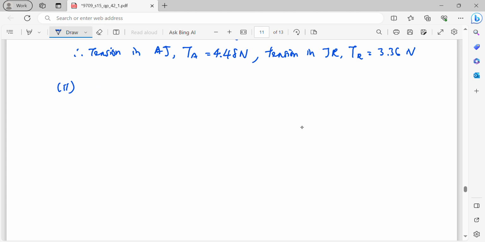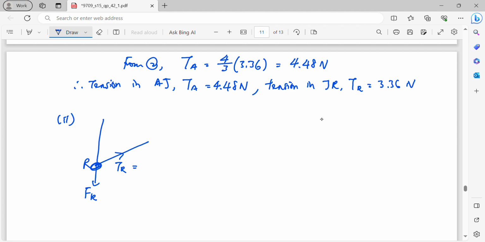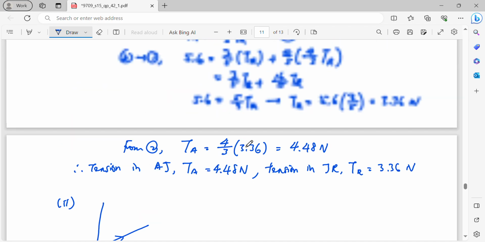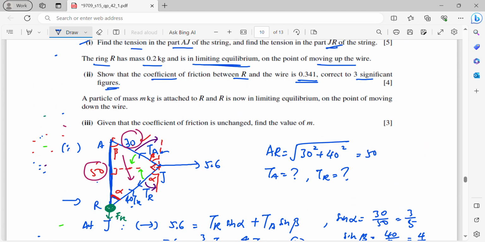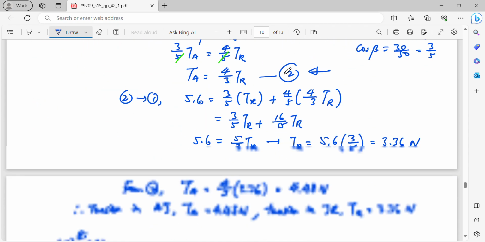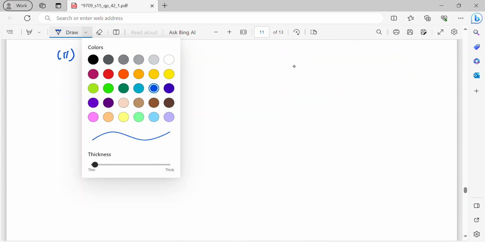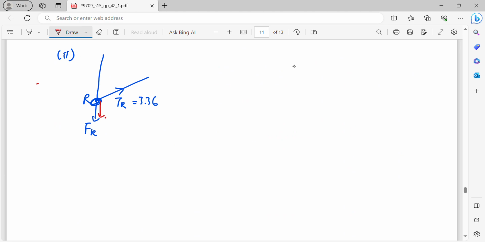So now this is the R. Here you have the FR. And then here you have the tension TR. TR was already found just now. So TR is 3.36. And then don't forget the ring has the mass of 0.2 kg, so the weight is 0.2 g.